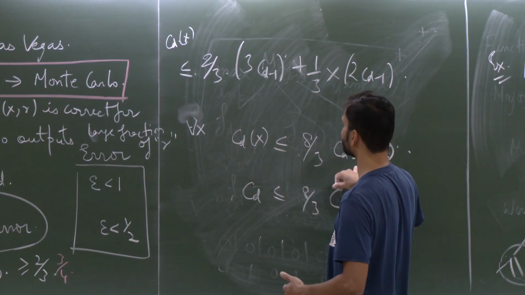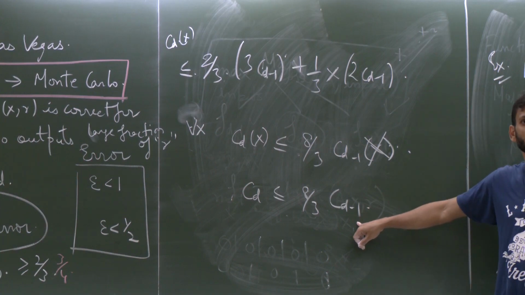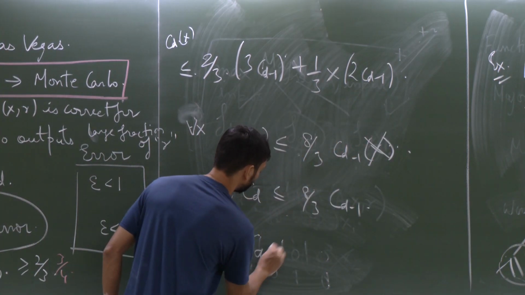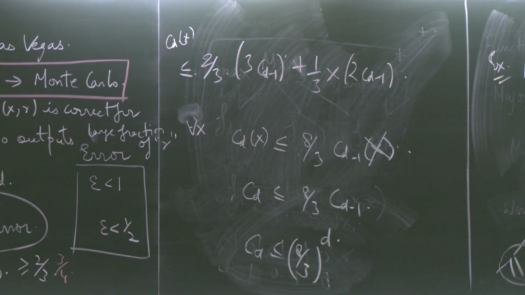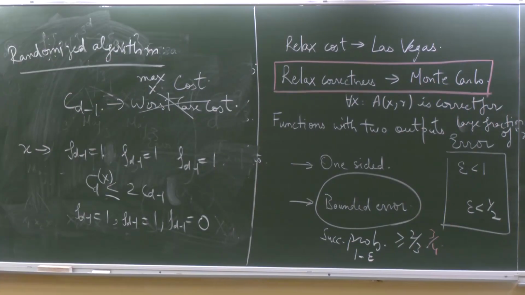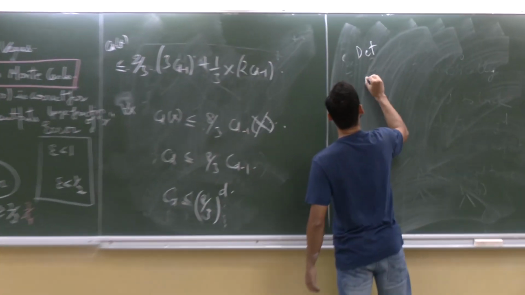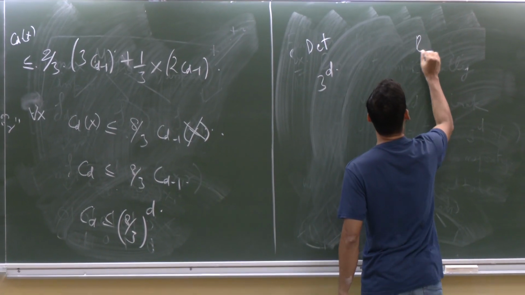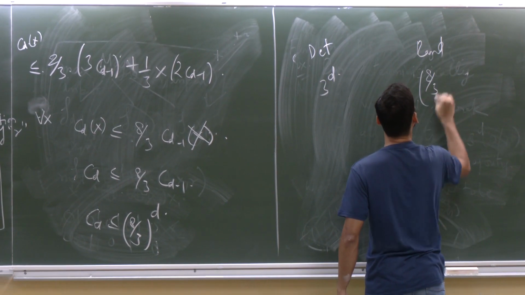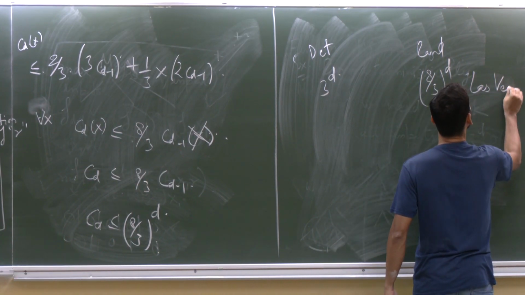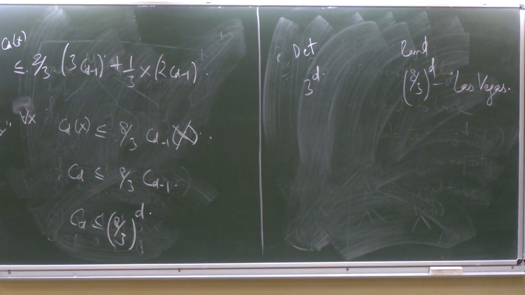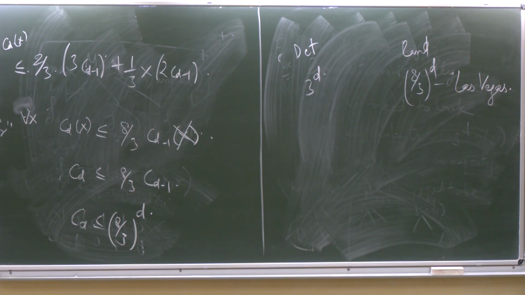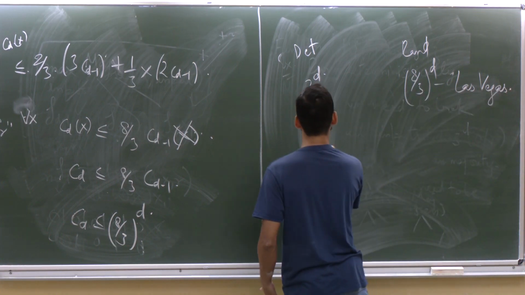If all of the c d x are less than this, then the maximum is also less than this quantity. Correct? And now you see deterministically, correct?